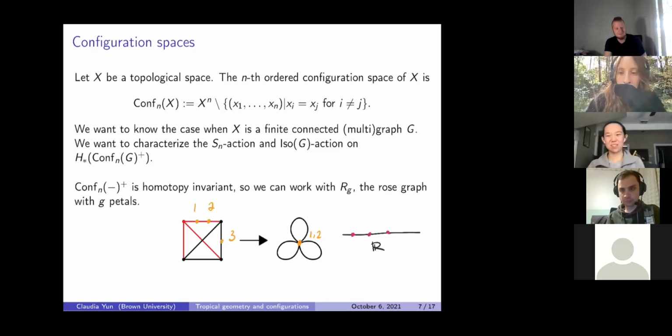That's a very good question. So that's why I usually like to think of configuration spaces as different configurations of points on one copy of whatever space we're looking at. Okay, awesome.